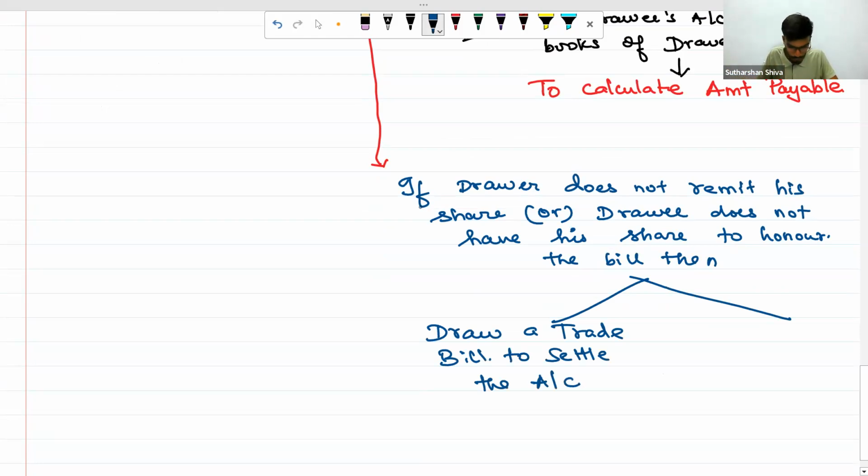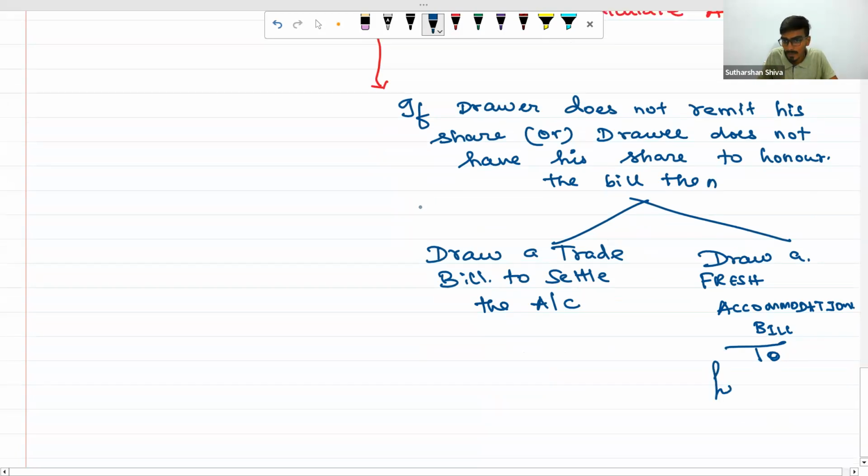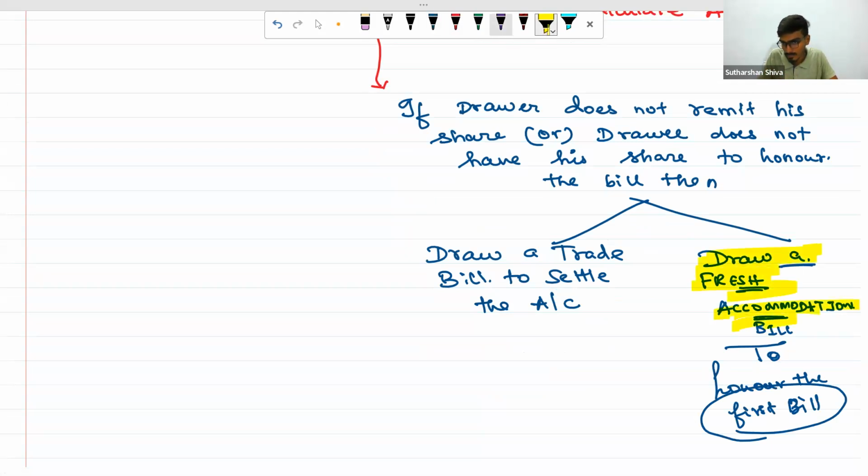Or there may also be a possibility to draw a fresh accommodation bill to honor the first bill. To honor the first bill, I am drawing the second bill. Again, a fresh accommodation bill. In most cases in your examination, you will use this method.